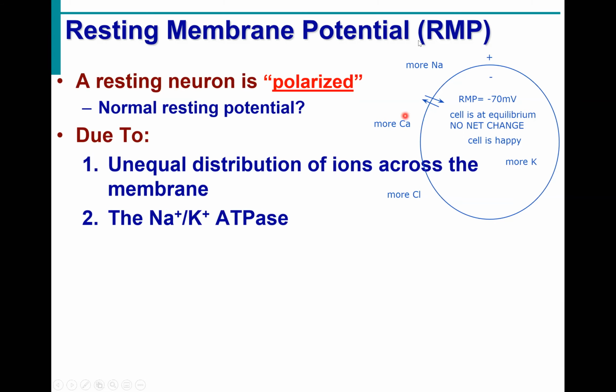And remember, there are plenty of leak channels. Sodium has a huge driving force and wants to come in. Potassium wants to leave. So remember, one of the things we talked about is we have that special sodium potassium ATPase. Let's change colors here so that we can emphasize this. There we go.